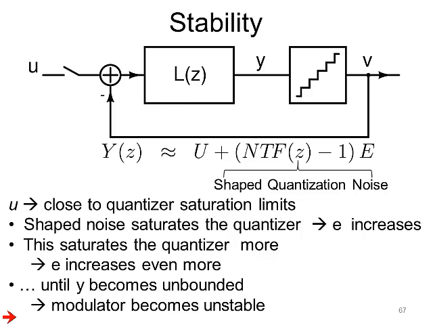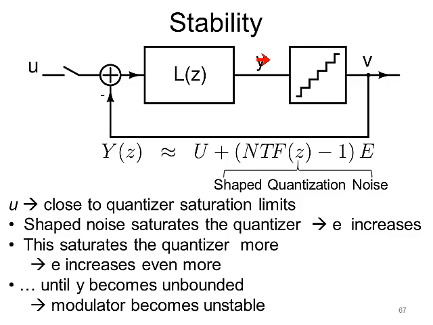Now, as the input U approaches the saturation limits of the quantizer, the shaped quantization noise will start to saturate the quantizer once in a while. Once the quantizer saturates, the quantization error increases, that propagates around the loop and saturates the quantizer even more, and so on until the input to the quantizer becomes very, very large, or technically the modulator has become unstable.